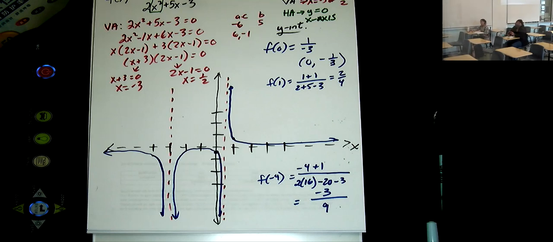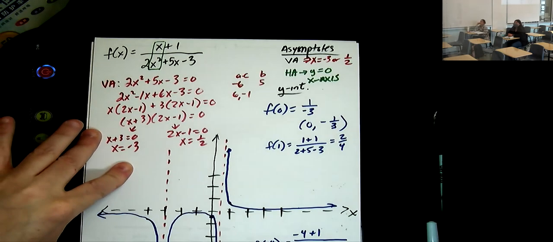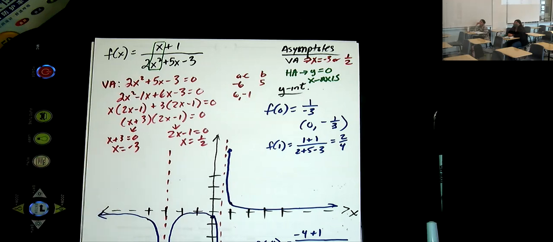I made a big mistake. What did I not do? There's something I didn't do. I didn't get all the intercepts. I only found the y-intercept. That's a fail. That's a huge fail.